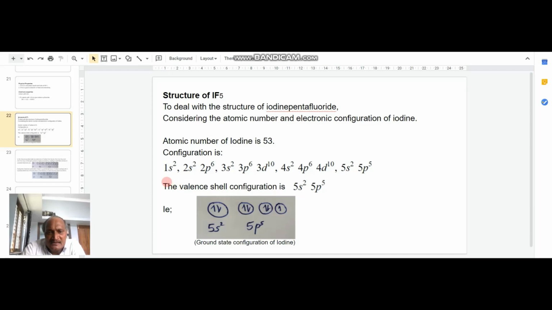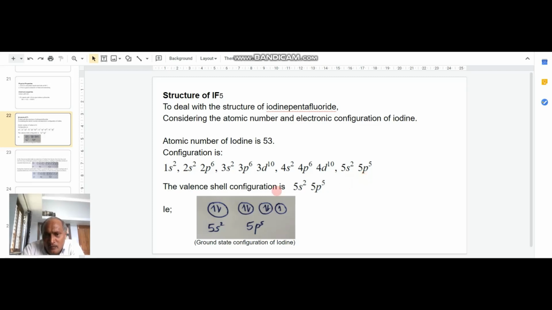Coming to the valence shell configuration of iodine. Valence shell means the electrons present in the outermost orbital. From the electronic configuration, it is clearly observed that the iodine atom has 7 electrons in the valence shell: 2 in the 5s subshell and the remaining 5 in the 5p subshell.